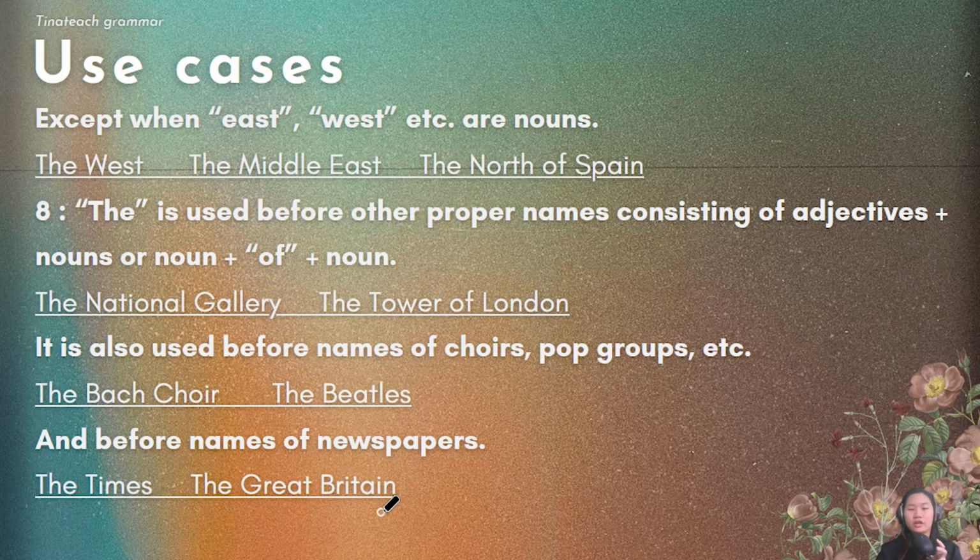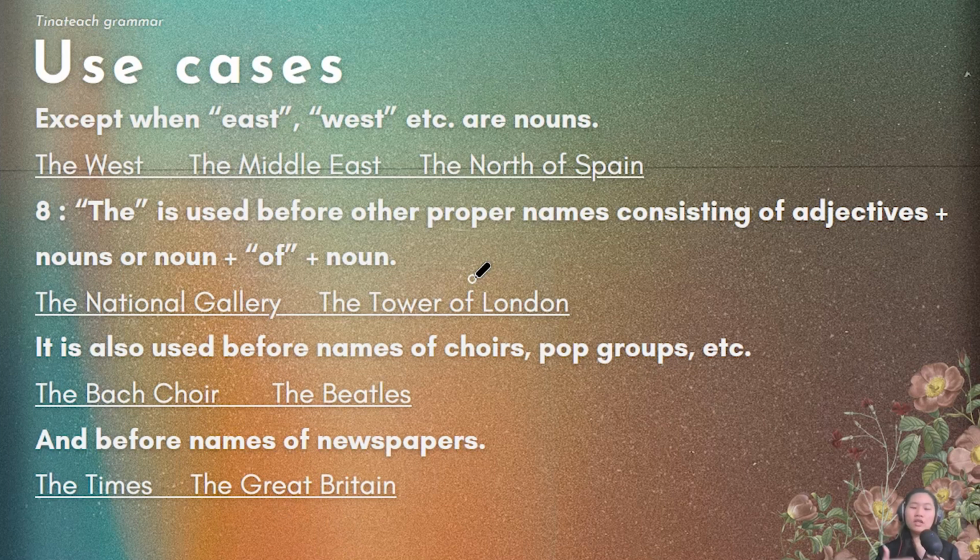Obviously, there are certain exceptions because we're dealing with names here. And sometimes, businesses, establishments, or people don't want to be called with the in it. They just want the name. So instead of saying the Tower of London, we may say Tower of London, okay? If that is the common way of saying it.